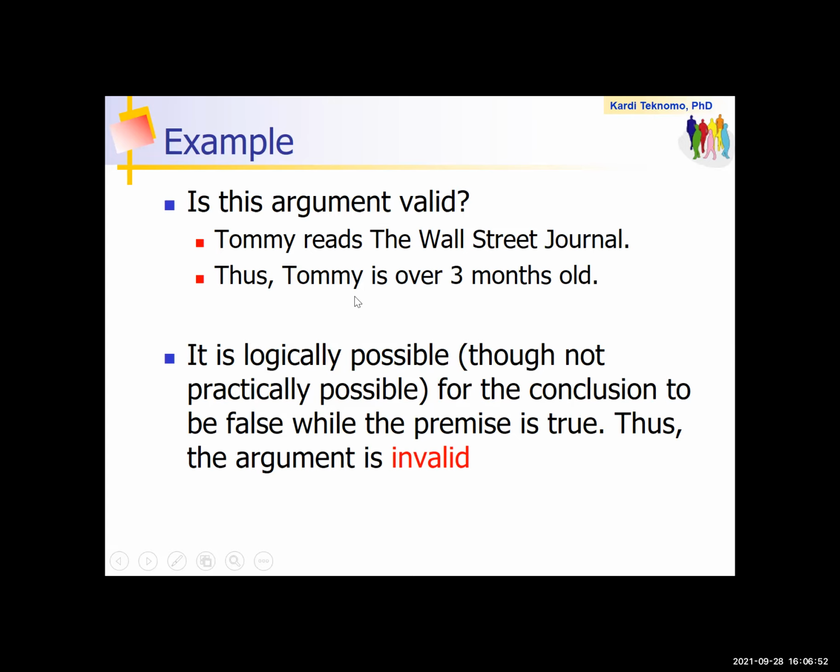The conclusion, Tommy is over 3 months old. Is it possible that this conclusion is false? Because a 3 month old can read? So the argument is invalid. Why is it invalid? My question to you.